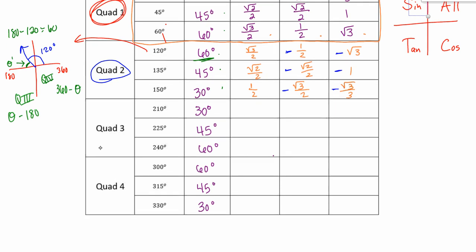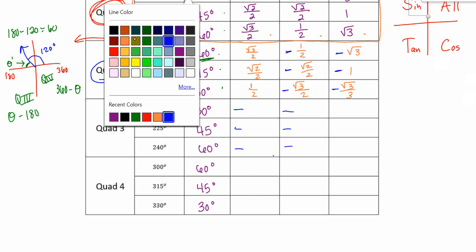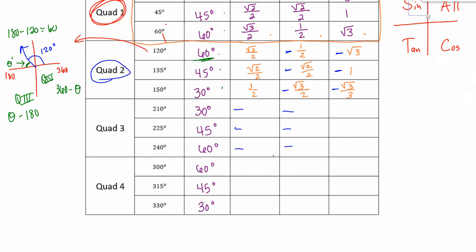Now when we move into quadrant 3, now it's tangent that gets to be positive, and everybody else is negative. And again, the values repeat. 30 degrees have 1/2, square root of 3 over 2, square root of 3 over 3. Okay, 45s are always square root of 2 over 2, square root of 2 over 2, and 1.